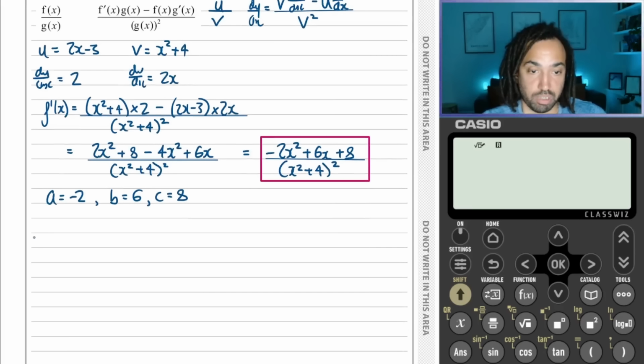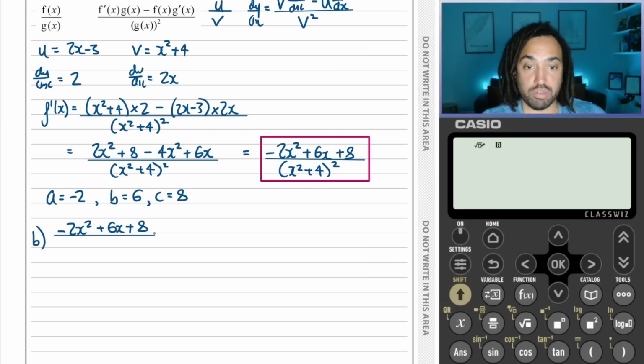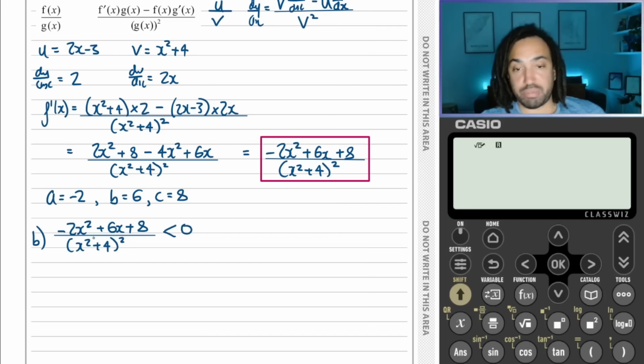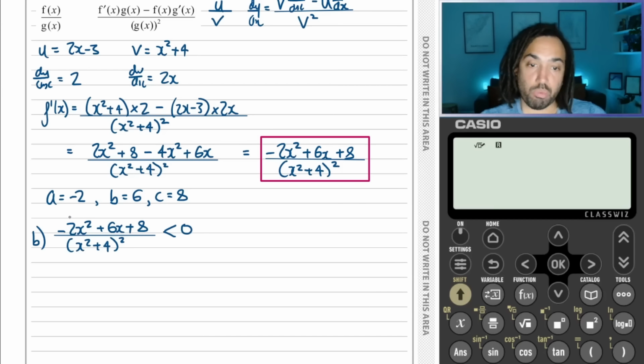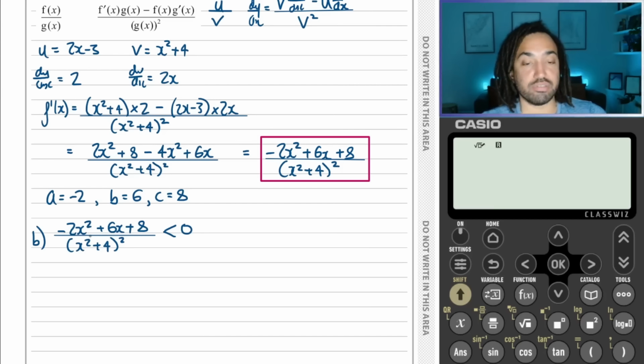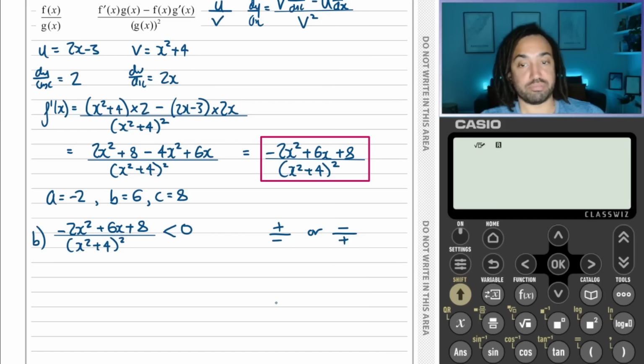Okay, so for part B, we need to find when minus 2x squared plus 6x plus 8 all over x squared plus 4 squared is less than 0. Now we have to think about this carefully. When a fraction is negative, it happens either if the numerator is positive and the denominator is negative, or the numerator is negative and the denominator is positive.